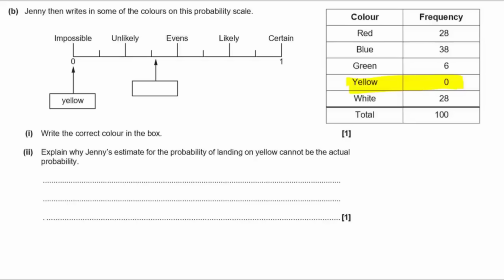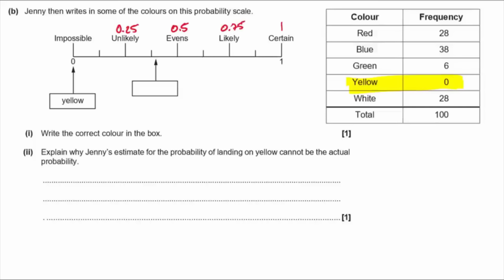Now the next one along is between unlikely and evens. If you think about this scale, there are how many jumps between one end and the other? So there's 1, 2, 3, 4, 5, 6, 7, 8. So each one of those is an eighth, or quarters in between, aren't they? So unlikely, that's at 0.25, that's at 0.5, that's at 0.75, and that's at 1.